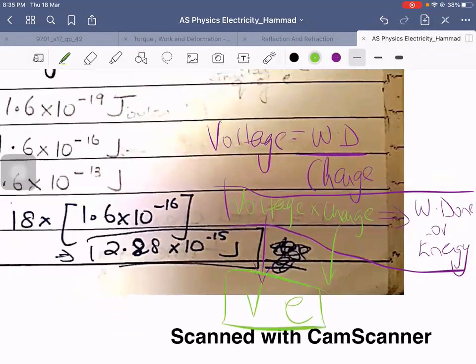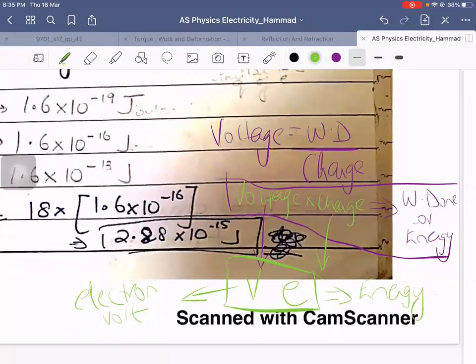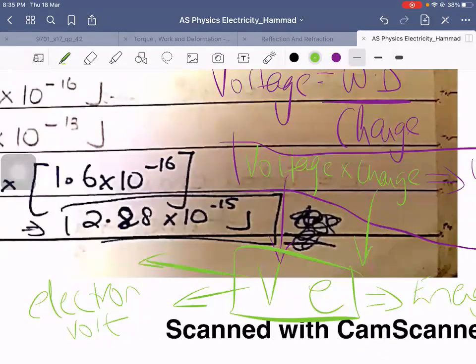and this electron has a charge of e, right? And therefore electron volt is an eV, which was equated to energy. Let's say my voltage value was 1 volt.